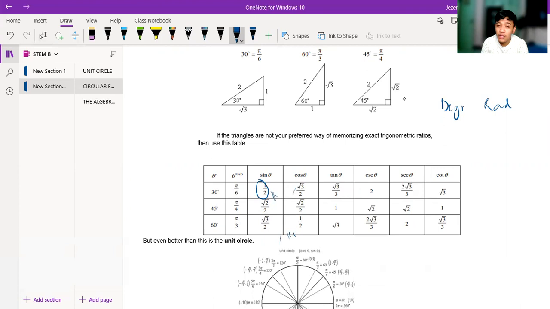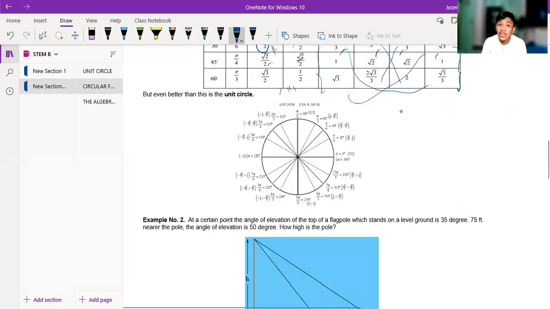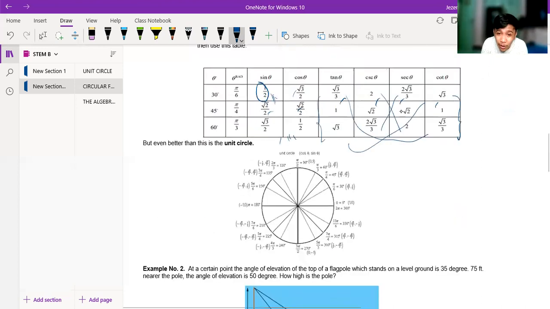Tapos ang 45, pareho lang yan. Tapos baliktaran uli ito. Tapos ito, reciprocal lang. So, ito yung sinasaulo. Even as a unit circle, kompleto na yan. Sinaulo namin yan dati.